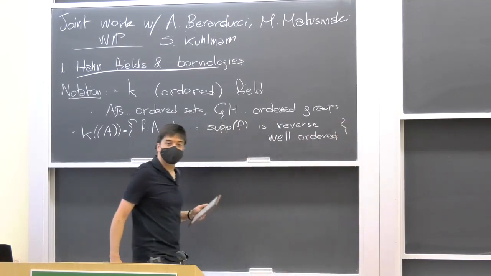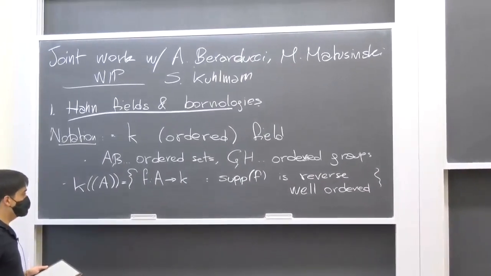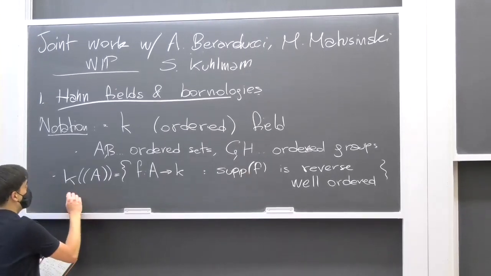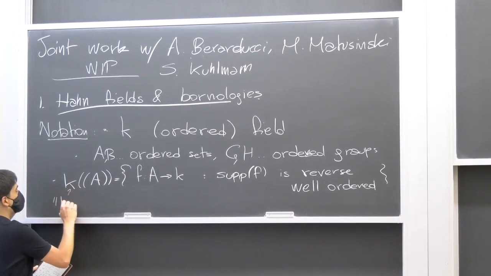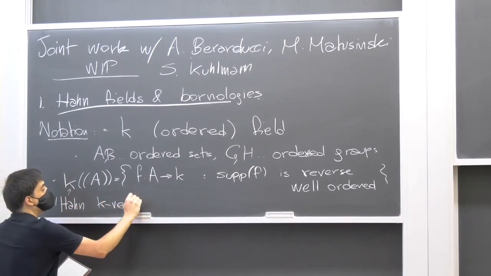Okay, so the support is going to have a maximum, and then every non-empty subset is going to have a maximum as well, not a minimum. So I'm writing things in this way, and I'm going to call this Hahn vector space.